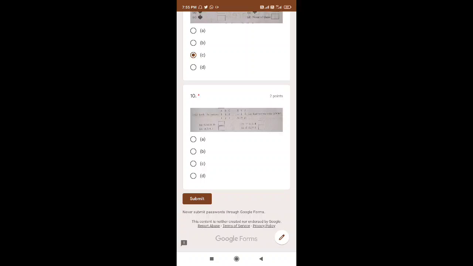Then how will we write L? So for L, count on your fingers: A, B, C, D, E, F, G, H, I, J, K, L. Yes, for L, 12. So in which series of numbers is there 12 at the beginning? Yes, option B. So option B is the correct answer here.